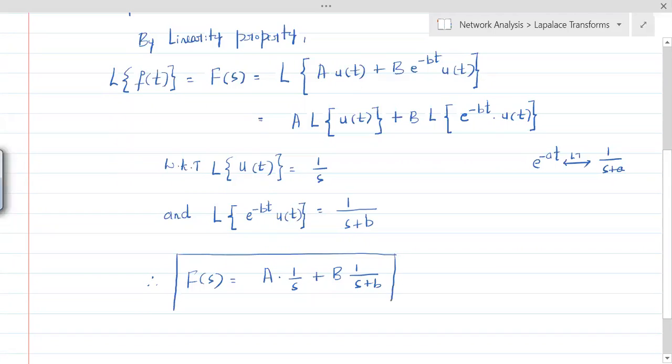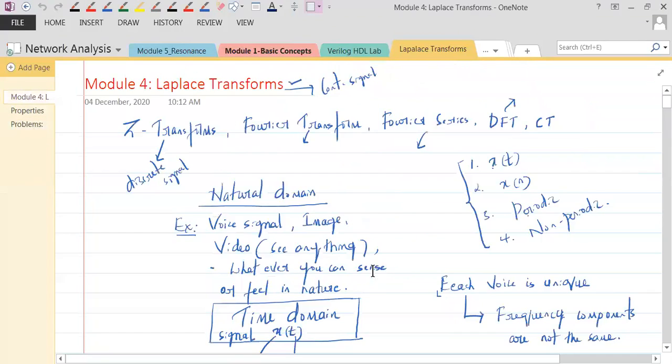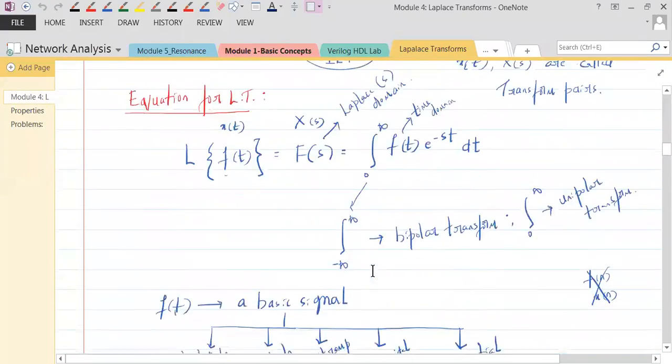Here we have not only used the properties of Laplace transform, but we also are referring to the transforms of the basic signals. We have seen a big list of Laplace transforms of basic signals here, right?